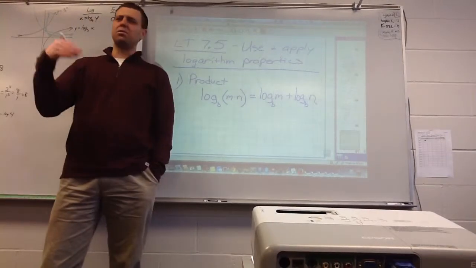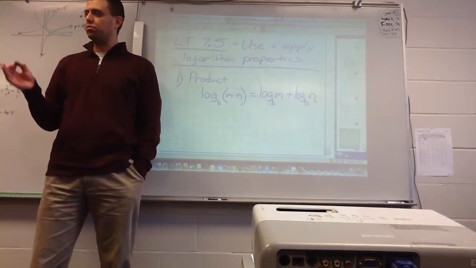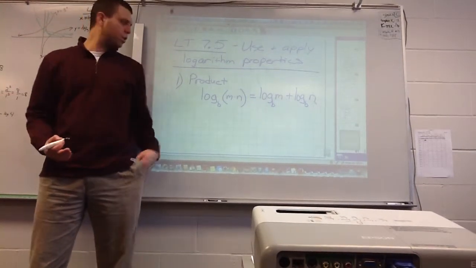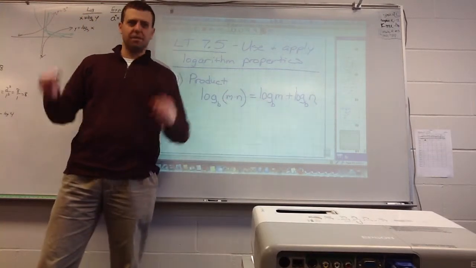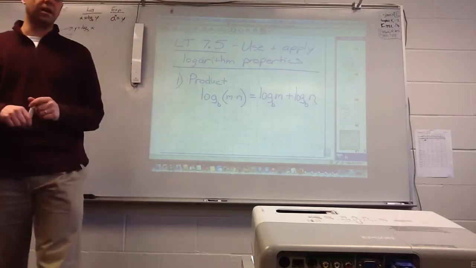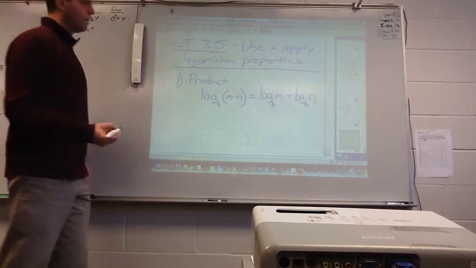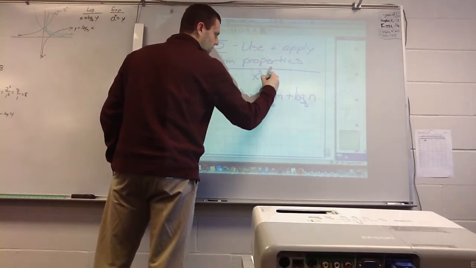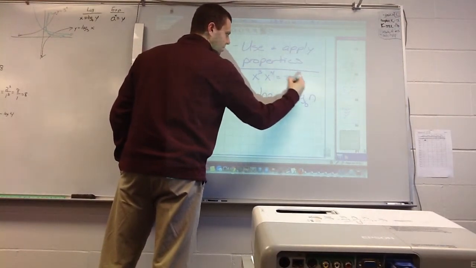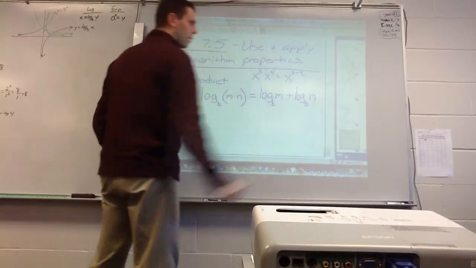And again, how do you remember these properties? Well, just remember, they're exponents, okay? And what do you do when you multiply exponents? You add the exponents together, okay? So maybe if you want to remind yourself, if you multiply x to the third times x to the fourth, your answer is x to the 3 plus 4, right?